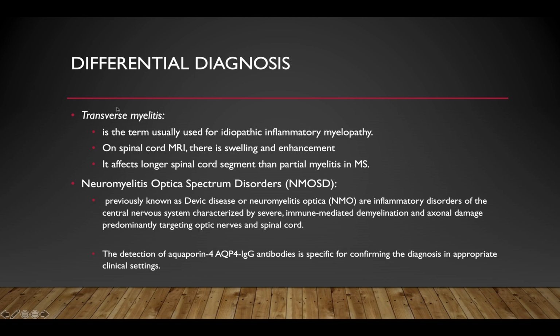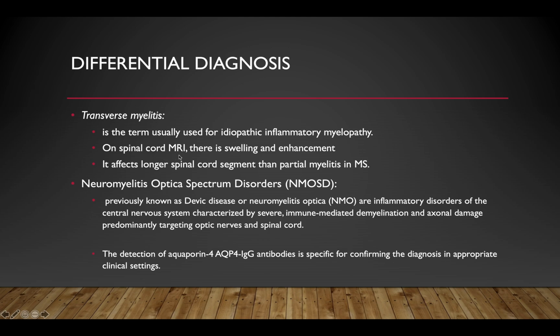Transverse myelitis. This is what we call total transverse myelitis, not the partial one, because the partial one is one of the manifestations of multiple sclerosis, but the total transverse myelitis is another entity, another disease. It is usually called idiopathic inflammatory myelopathy. So this is another name for it.